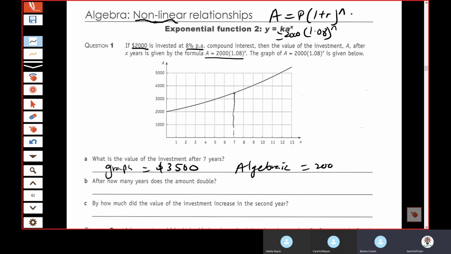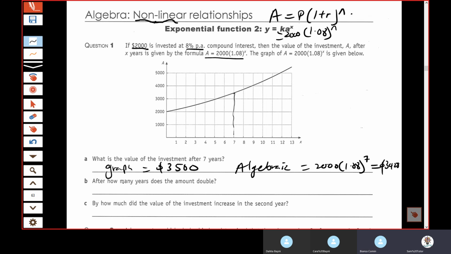So algebraic would be 2,000 times 1.08 to the power of 7. Let's see how good of a guess our answer was. And if they did want the answer as graphical, there's always some leniency. So if someone wrote 3.5 or 3.4 or 3.6, yes, they'll accept those answers. 3,428. So not a bad guess.